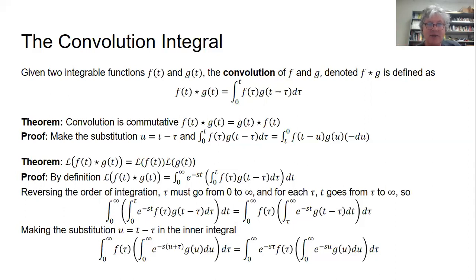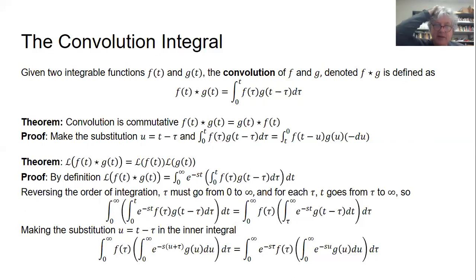So tau is going from 0 to t, and then t is going from 0 to infinity. When you reverse it, you see that tau must go from 0 to infinity, and for each tau, t goes from tau to infinity.